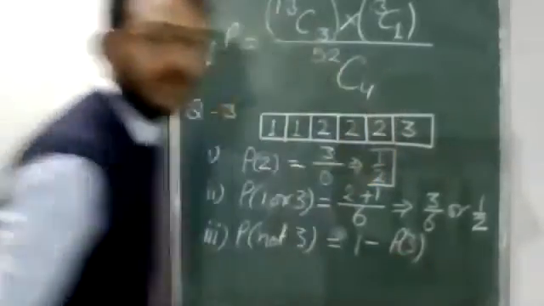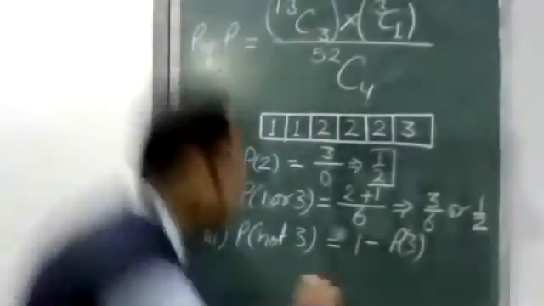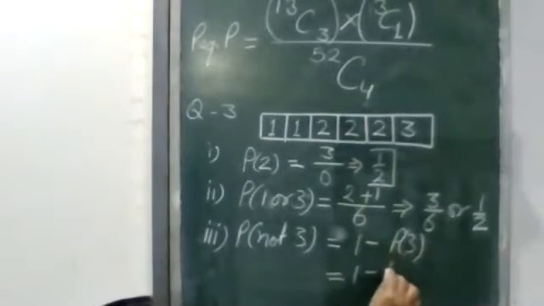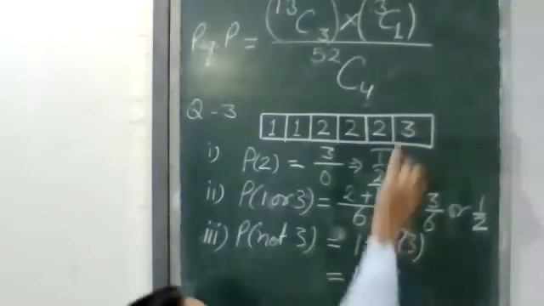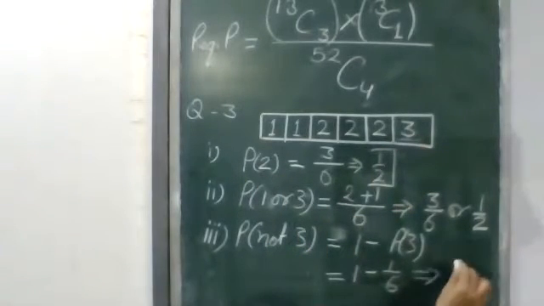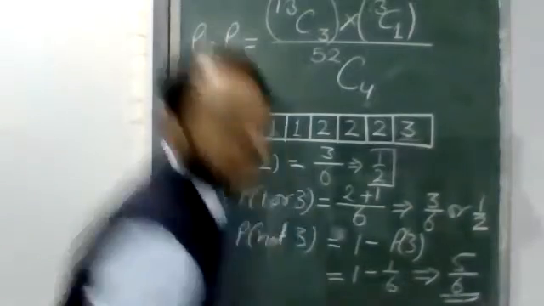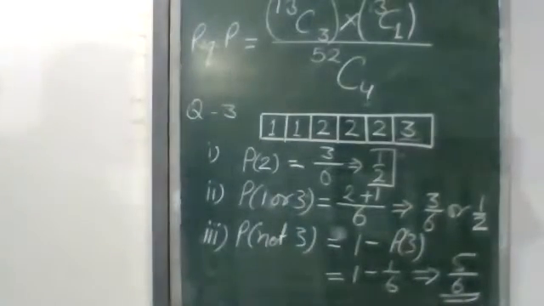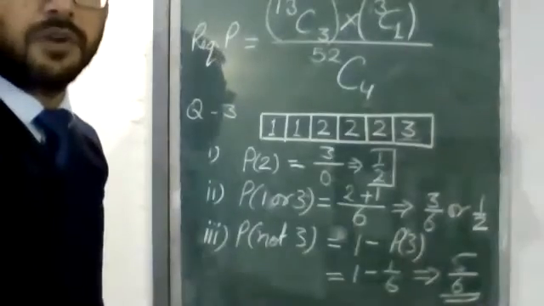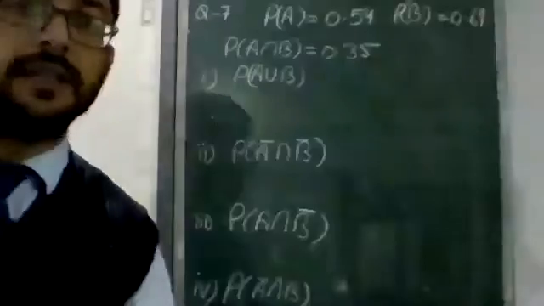The probability of 3 is 1 by 6, because one case is 3 and total cases are 6. So it gives me the result 5 by 6. 5 by 6 is the probability of getting not 3.